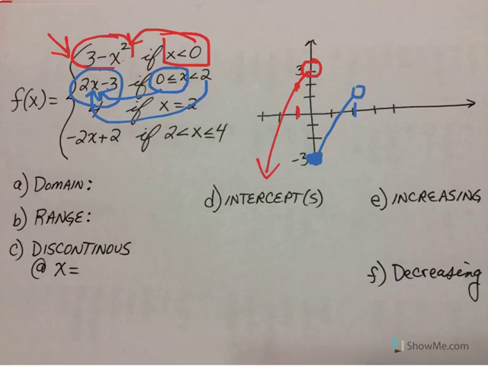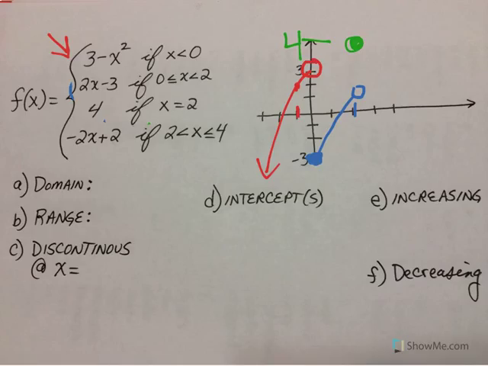Okay. Now the next piece, the green piece is 4, and if x is equal to 2, there's nowhere to plug the 2 in, it's just 4. So 2, comma 4, dot, at the height of 4. Okay, let me erase this to give myself some room. The last piece, I recognize it is linear.